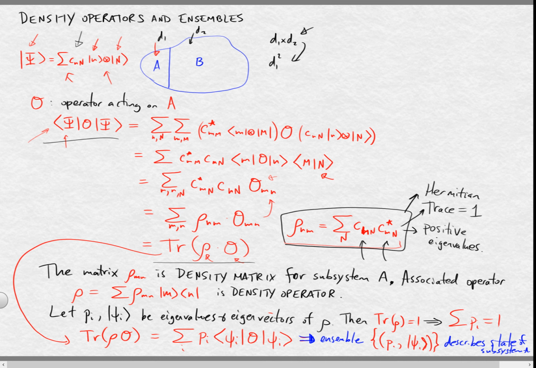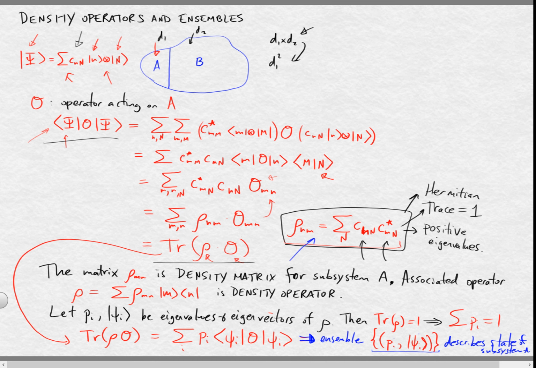We defined an object called the density matrix associated with the subsystem A. We said that object is a Hermitian matrix with trace 1 and positive eigenvalues. And so from that information, we defined this ensemble to be the collection of the eigenvectors of that matrix, or the eigenstates of that operator, together with the associated eigenvalues. Okay, so that has the properties of an ensemble.